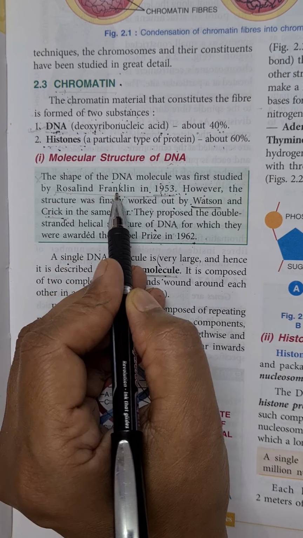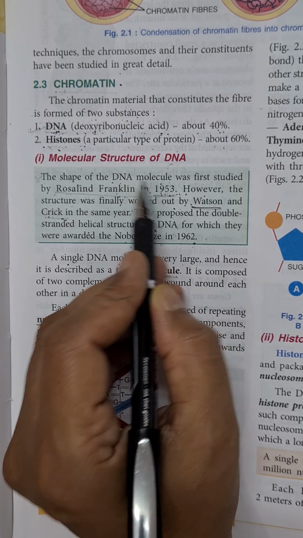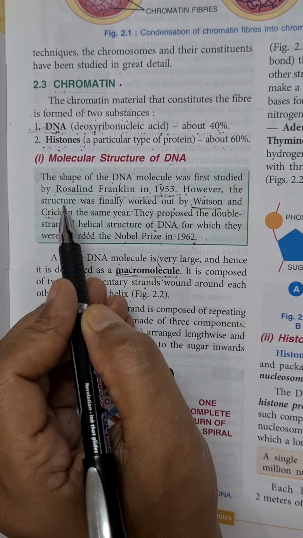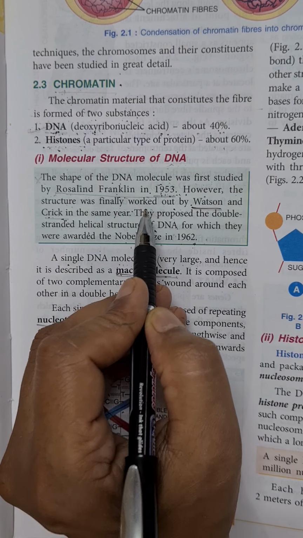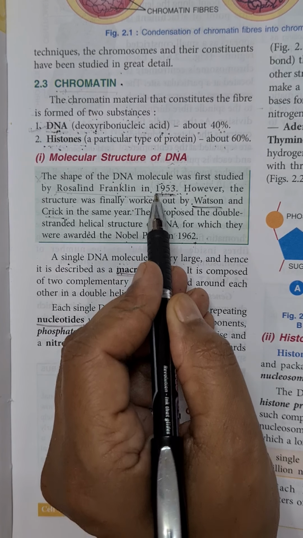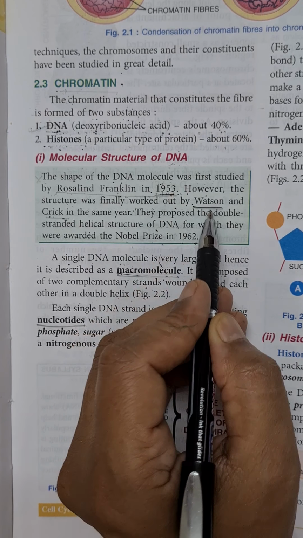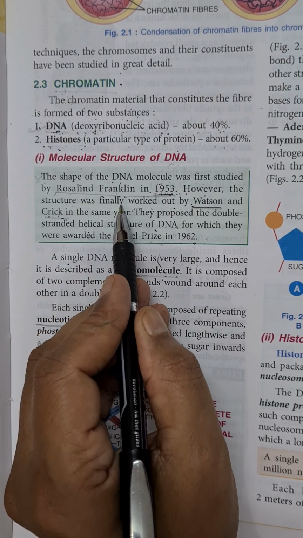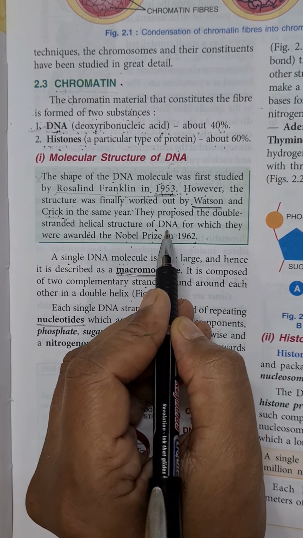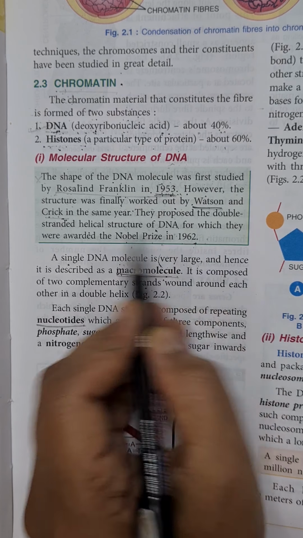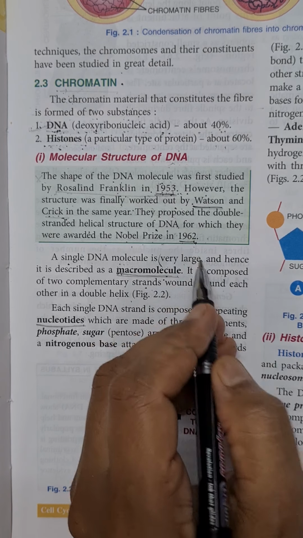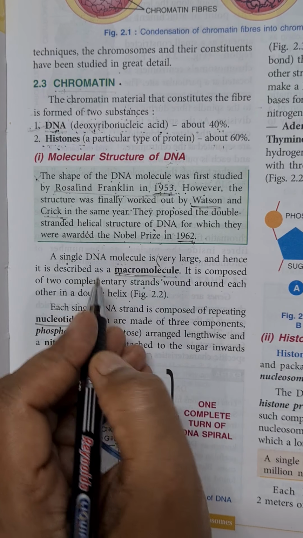So Rosalind Franklin first discovered the shape of the DNA molecule, but the structure was finally worked out by another two scientists in the same year, 1953, Watson and Crick. They gave the double helix structure of the DNA molecule, for which they were awarded the Nobel Prize in 1962. So this is very important information.